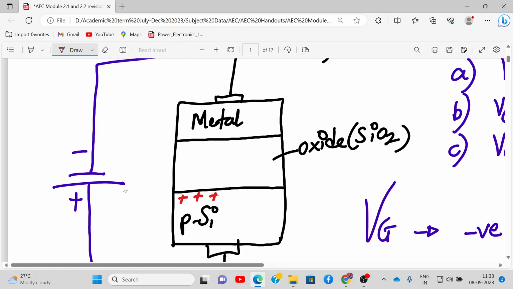So there will be holes accumulating near the surface. If I apply Vg more and more negative, then more and more of these holes will get accumulated over here. Because there are holes inside p-type silicon, and because of this positive potential they will repel back, so there will be a region of accumulation of charge carriers.